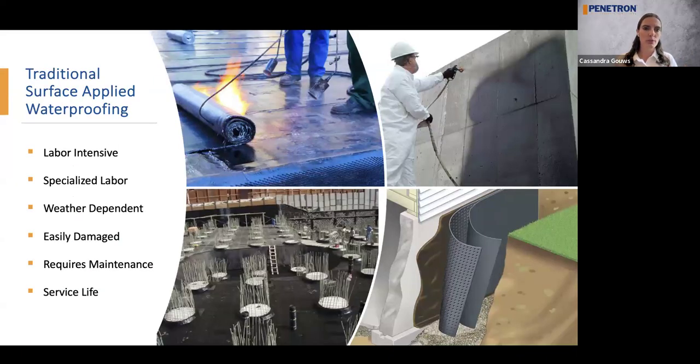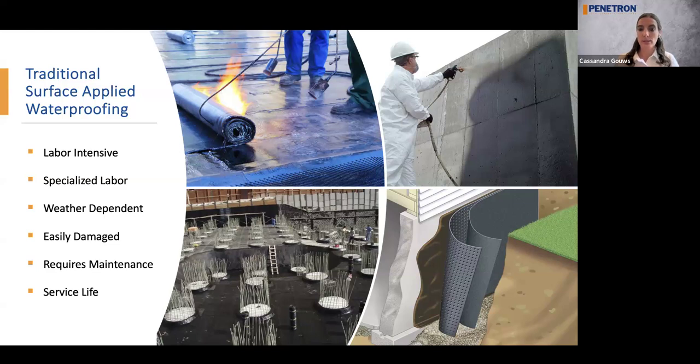Now, your traditional surface applied waterproofing systems are very labor intensive because they need to be applied onto the concrete, right? Whether it's a membrane or a liquid. So it's very labor intensive. You need specialized labor because these people need to know how to install it properly. Otherwise, it's not going to be effective.